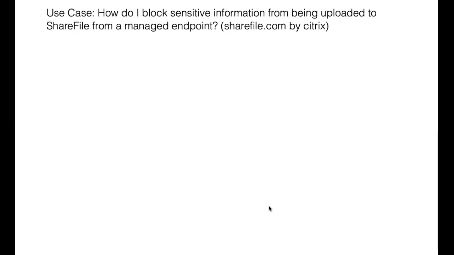So the scenario is we have a user from our meeting who asked, hey, we have a ShareFile within our environment. How can your endpoint solution help us block sensitive information? By the way, we're going to be covering a couple of scenarios here.